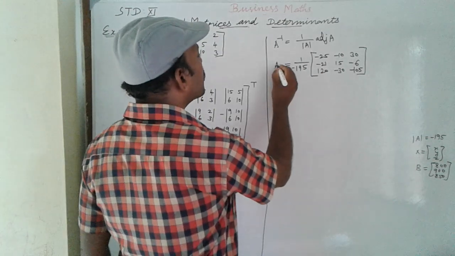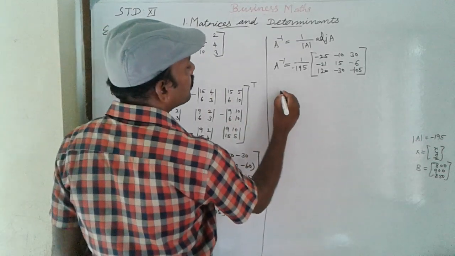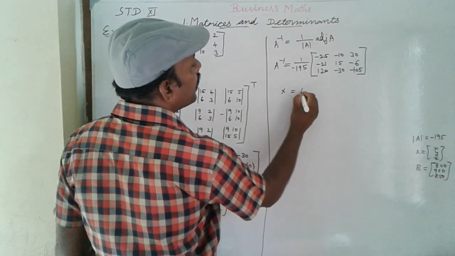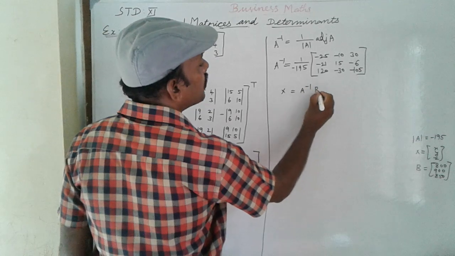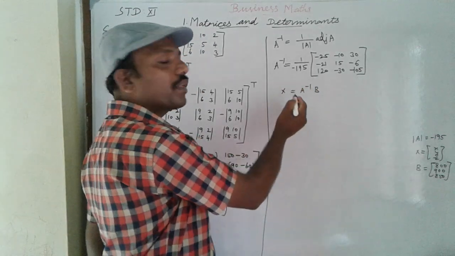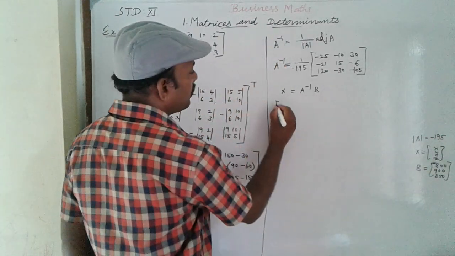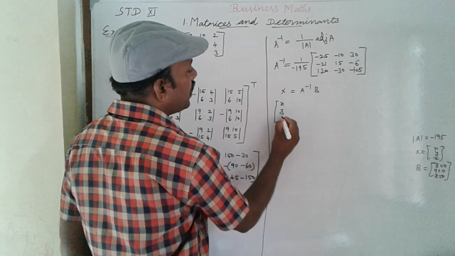It is A inverse. We know the equation X equals A inverse B. We substitute the values here. X equals XYZ.